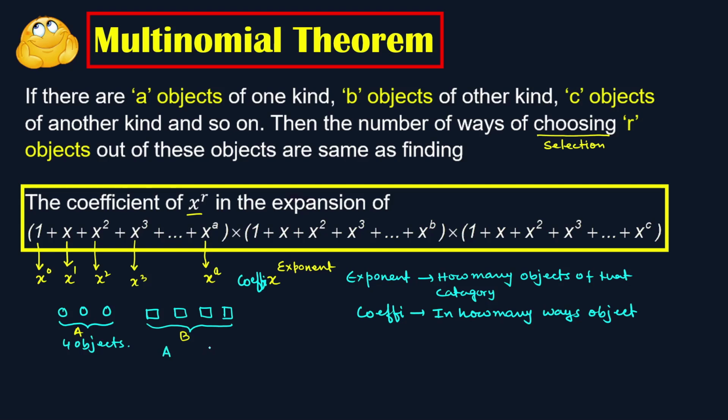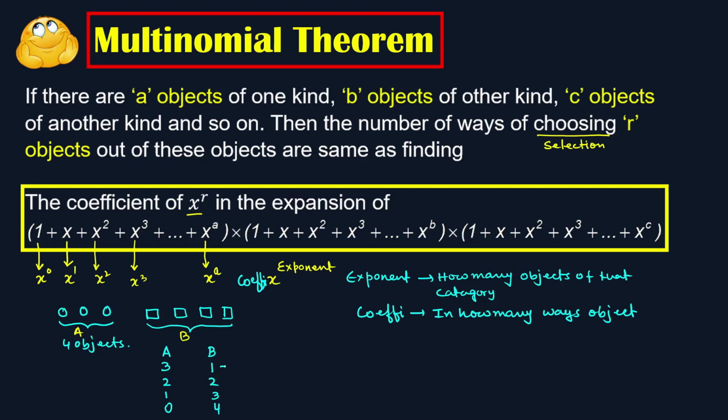This is group A and this is group B. I can select 3 objects from group A, 1 object from group B, or I can select 2 objects from group A, 2 objects from group B, or it can be 1 object from group A, 3 objects from group B, and no object from group A, and 4 objects from the second category or group B.